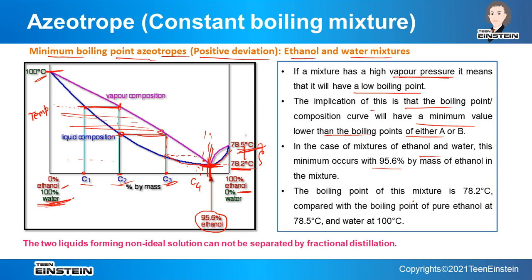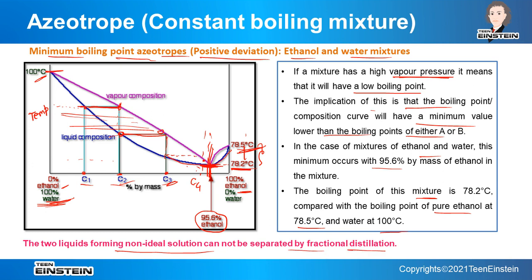The boiling point of this azeotropic mixture is 78.2 degrees compared with the boiling point of pure ethanol at 78.5 or water at 100 degrees centigrade. So these two liquids are basically forming a non-ideal solution, and we cannot separate them by fractional distillation.